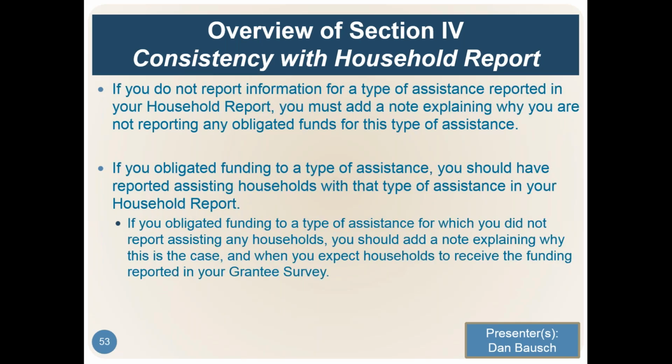If you do not report information for a type of assistance that is reported in your household report, you should add a note that explains why you aren't reporting any funds for that type of assistance. An example might be that you are not reporting funds because you're using prior year funds that you obligated, but are now expending later during fiscal year 2018.